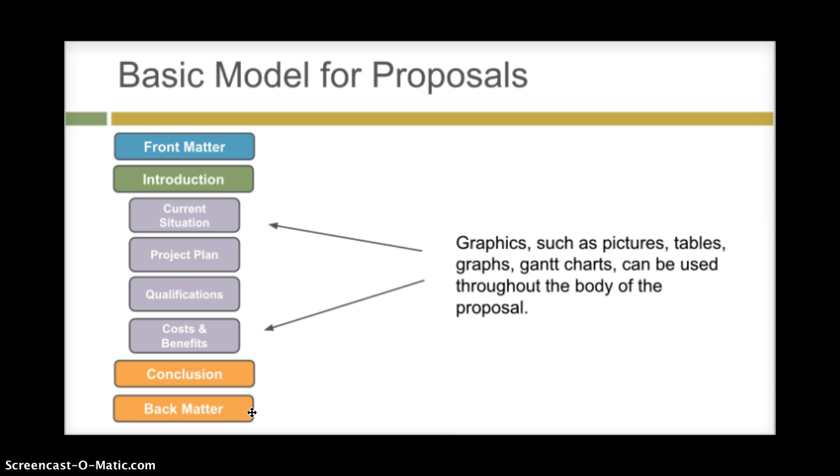Again, your proposal isn't as involved or as long as some can be, and so I don't really anticipate that you would need any kind of back matter. However, if you find that you do have some extra information you want to include and you want to make an appendix, you can do that, and that's no problem.